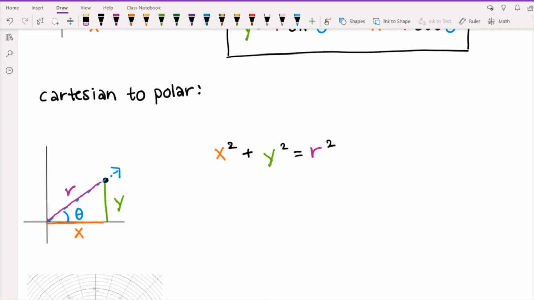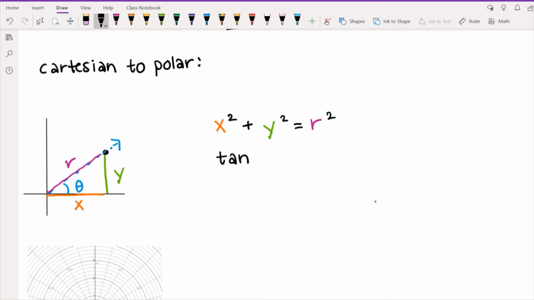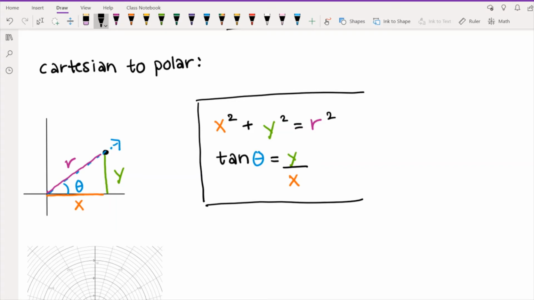Okay, so now let's think about how theta is related to X and Y. Well, what would be a trig function that directly relates theta to X and Y? Well, we could use tangent, right? So tangent of theta would be equal to the opposite side, which is Y, over the adjacent side, which is X. So again, notice I'm not saying inverse tangent of Y over X is equal to theta, and that's because we want to leave it open-ended for different possibilities for theta, right?